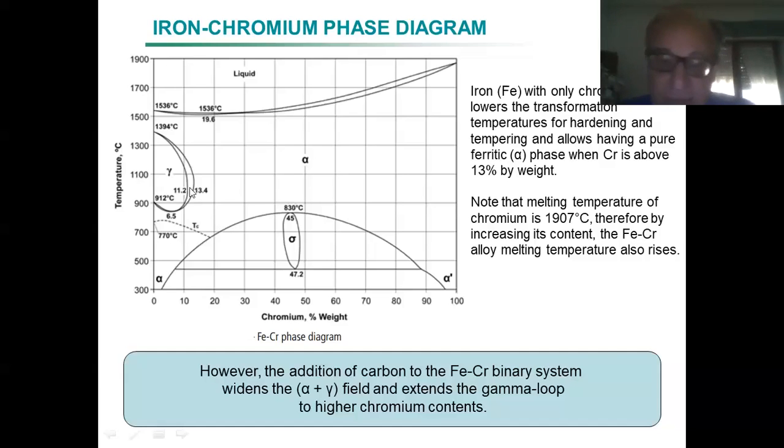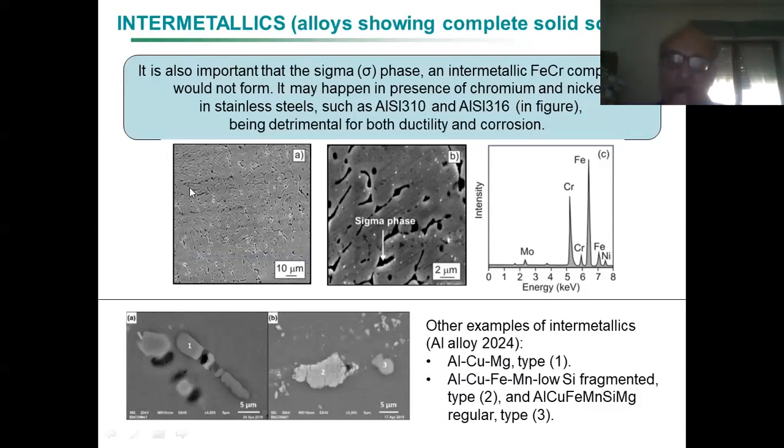After that, we need to consider what is the exact effect of intermetallics, of sigma. Here we see the sigma phase forming in an IC 316, so 18% of chromium, very little nickel.